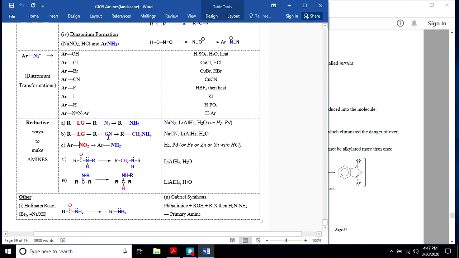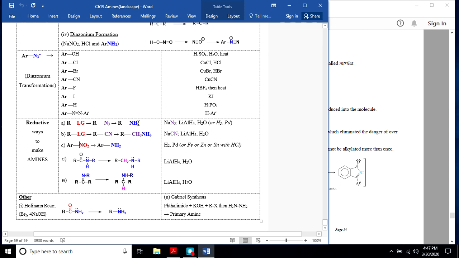So the overall atom change is we're going from an R group connected to a leaving group to an R group connected to a C and an N, ultimately after reduction to an R group connected to a CH2 and an NH2. So notice that this transformation is not substituting the leaving group for an NH2, it's substituting the leaving group for a CH2NH2. So that's the main difference between the azide methodology and the cyanide methodology.